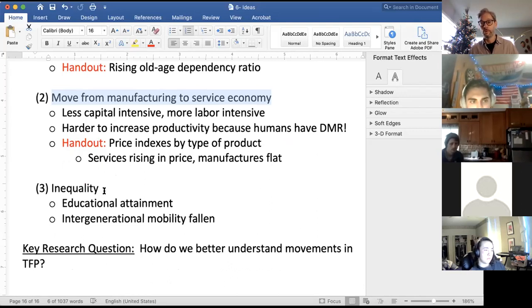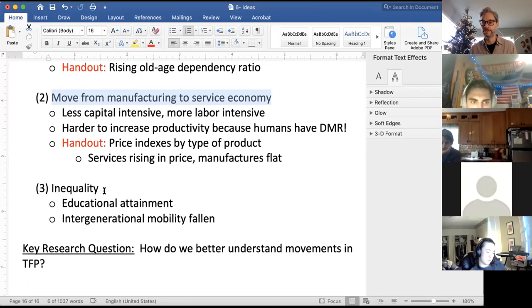So the more that income is held by the rich and less is held by the middle class and the poor, that means it's harder for them to invest in many of the things that they need to invest in to keep the aggregate economy growing fast. And so, many economists have been arguing that the fact that educational attainment is slowing down is directly related to inequality. Also, the fact that intergenerational mobility has fallen.